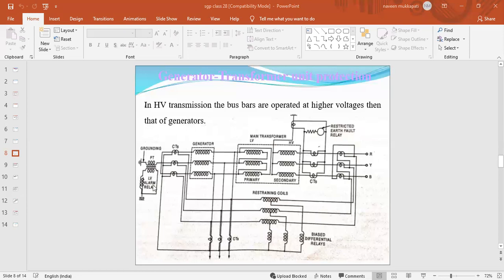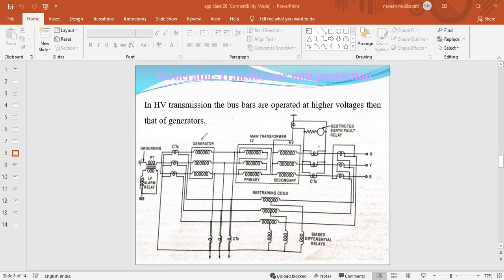We set an alert alarm for neutral fault conditions of the generator, so we give the alert alarm when earth faults occur in the generators. All of that is connected in this diagram.